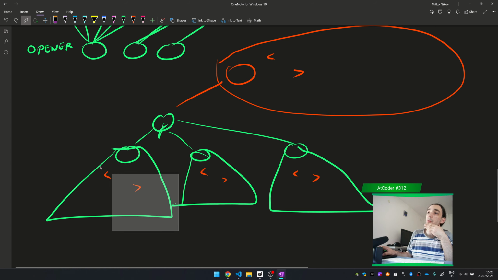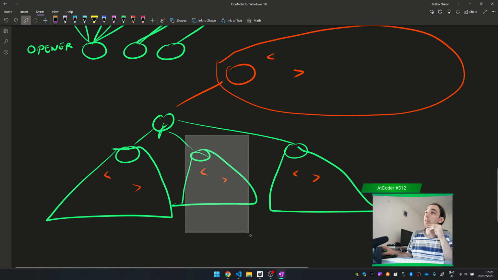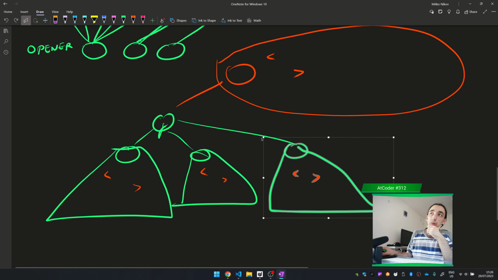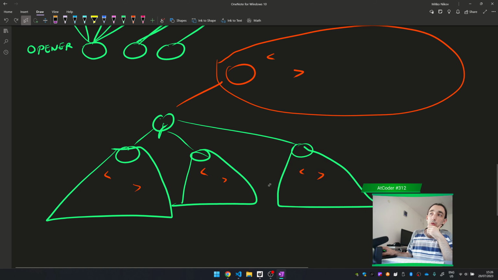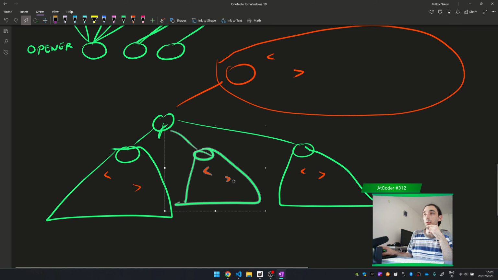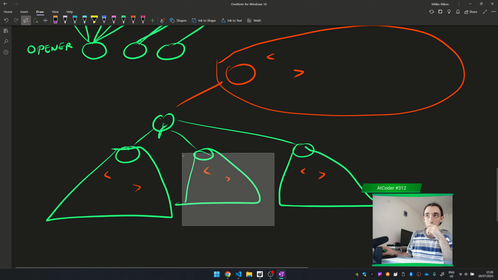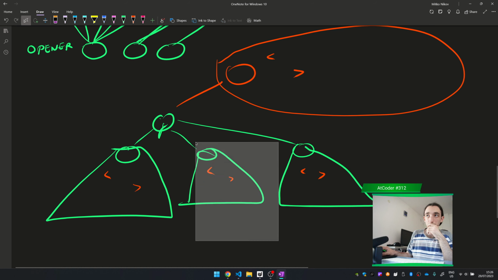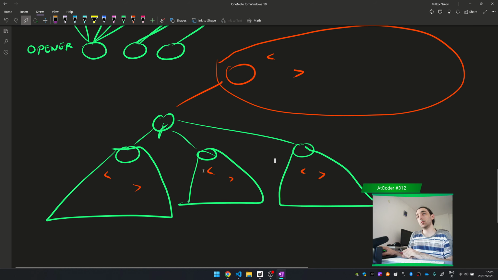But wait, you need to do this for each subtree, right? Is that correct? Yeah.